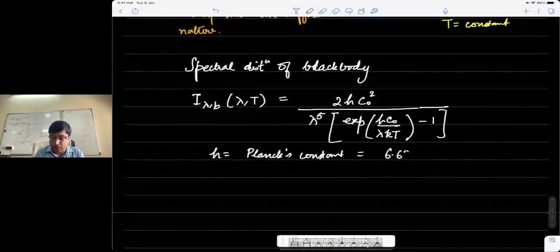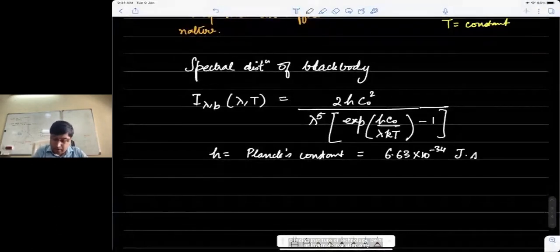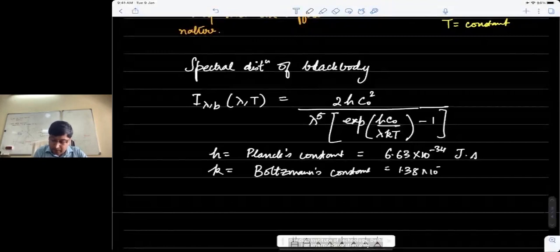which is 6.625 something, 10 to the power minus 34. I think joule second is the correct units. K is the Boltzmann's constant, which is 1.38, 10 to the power minus 23 joule per Kelvin.